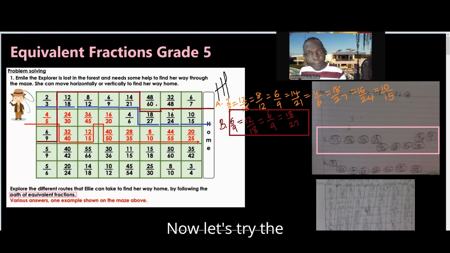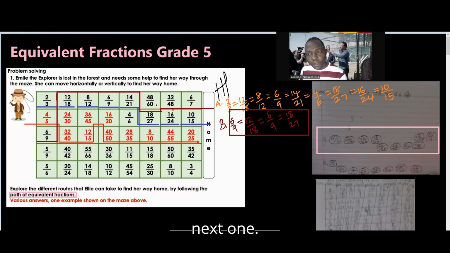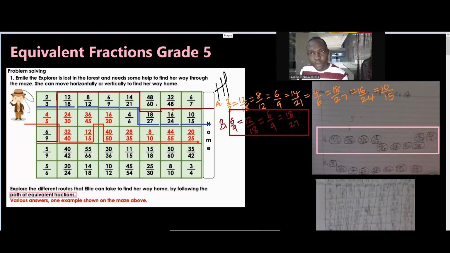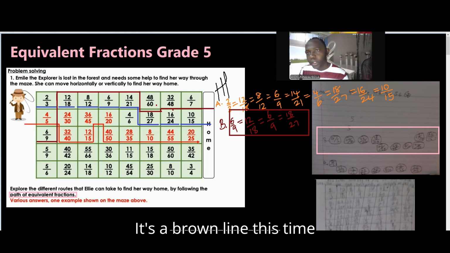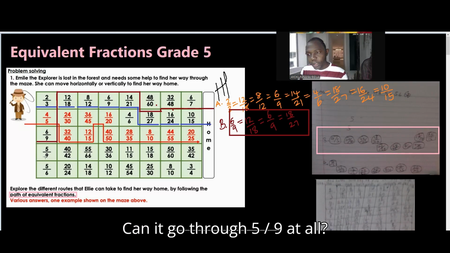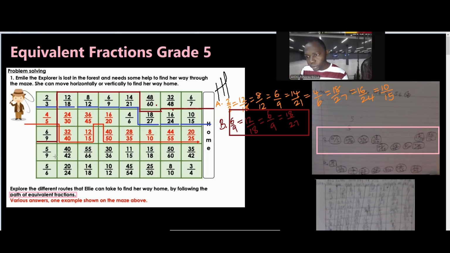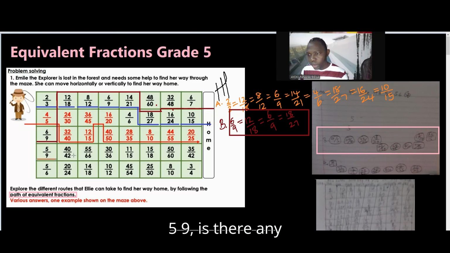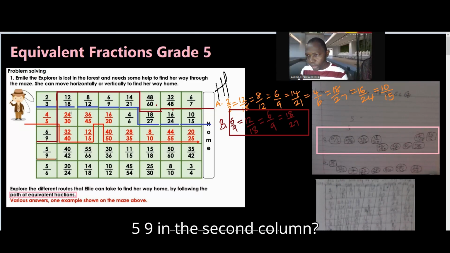Now let's try the next one. Use a brown line this time. 5 over 9. Can it go through 5 over 9 at all? No. Is there any 5 over 9 in the second column?